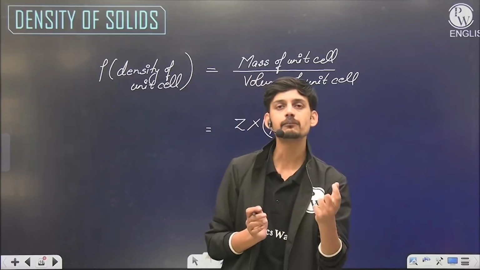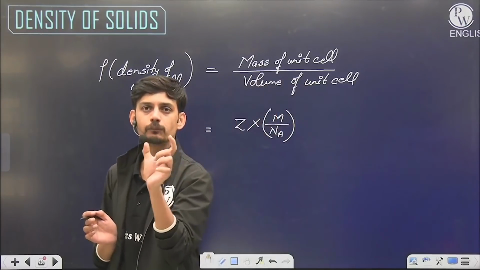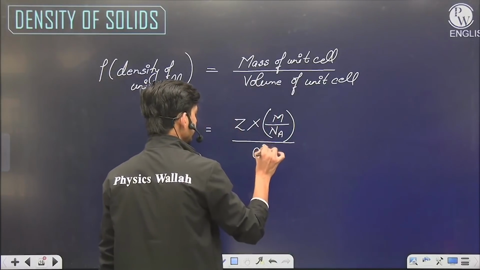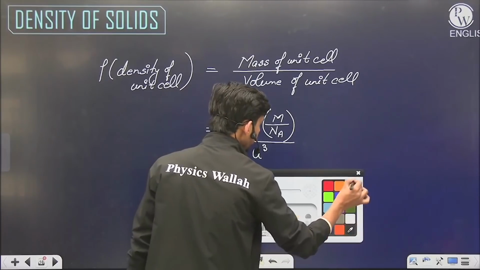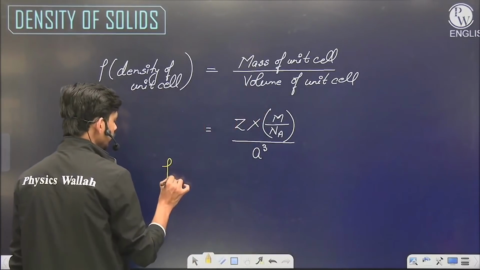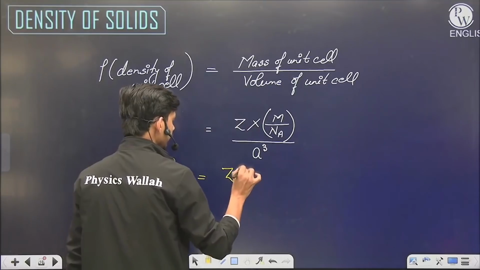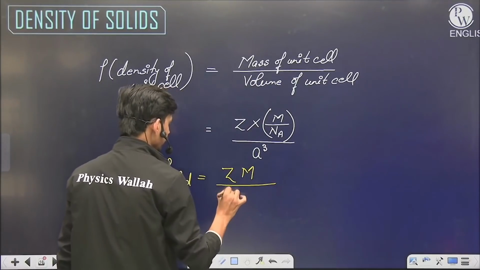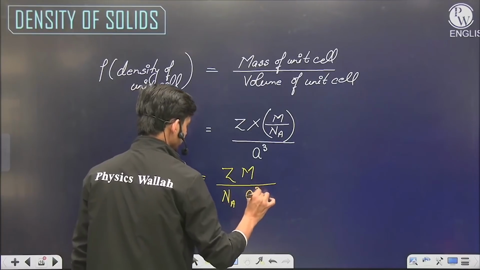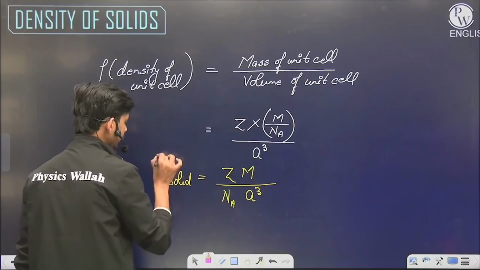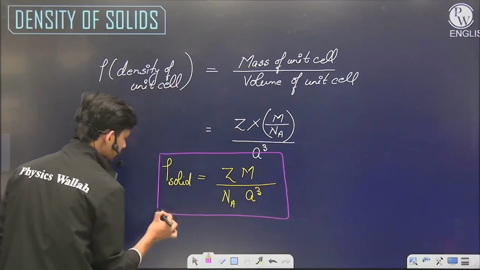And if Z atoms are there, then the total mass will be Z into the mass of one atom, divided by the volume of the unit cell. The density of solid will come out to be Z M upon Na A cube.